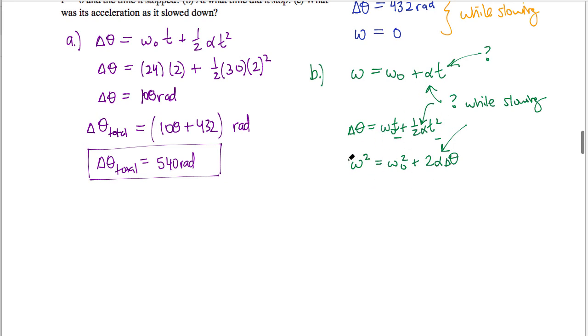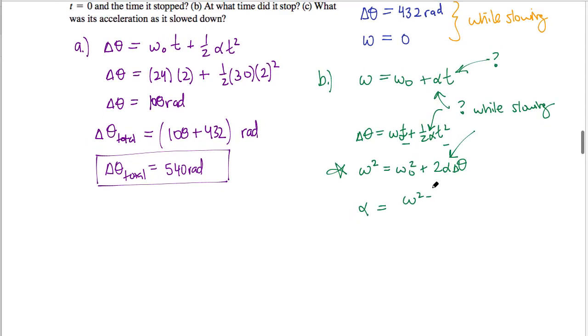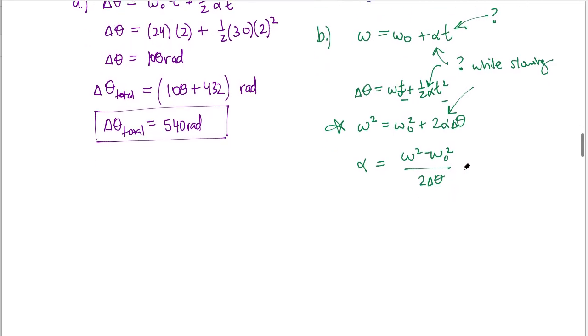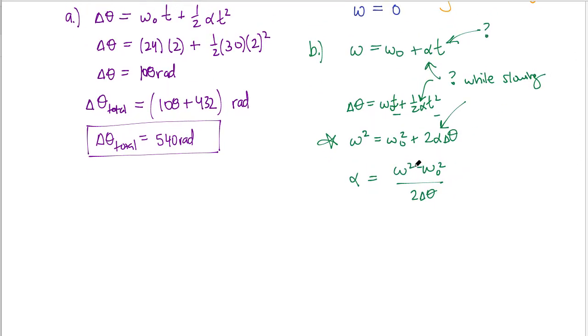In this case, I'm going to use this equation, and I'm going to solve it for alpha. So alpha would be equal to omega squared minus omega naught squared over 2 delta theta. So substituting some values here, I know that final angular speed is 0. And so I'm going to have negative initial omega.